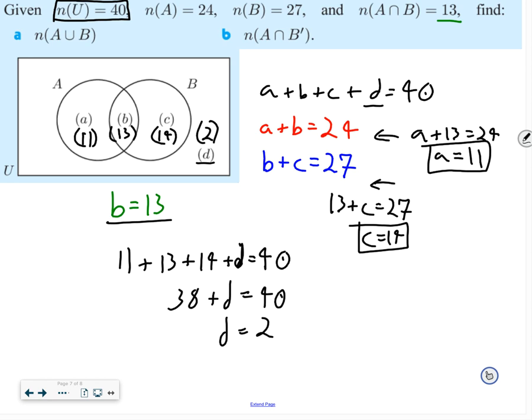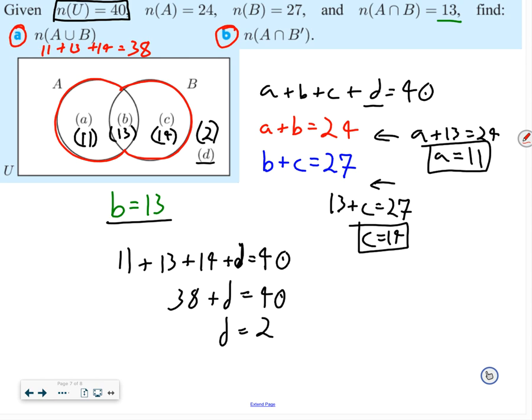Now that I have each one of those, I can go ahead and answer questions A and B with these things. A asks, what is the number of elements in A union B? So those numbers together, that's going to be 11 plus 13 plus 14, which is equal to 38.